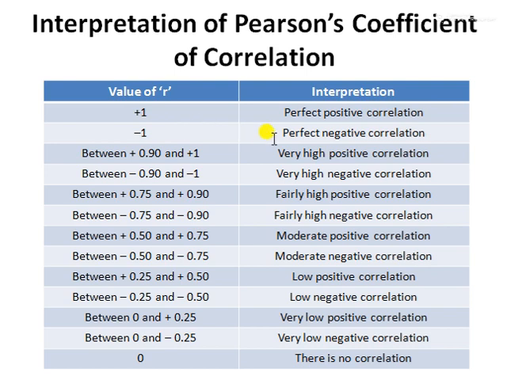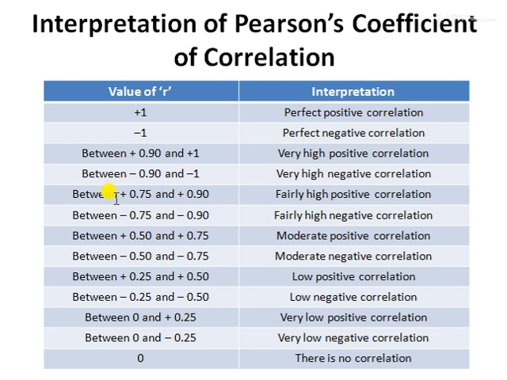If r is minus 1, there is perfect negative correlation. If the value of r lies between plus 0.9 and plus 1, there is high degree of positive correlation. If it lies between minus 0.9 and minus 1, then there is very high degree of negative correlation.